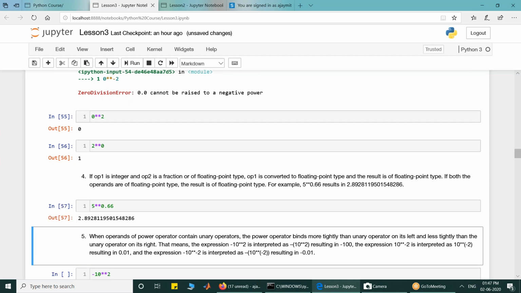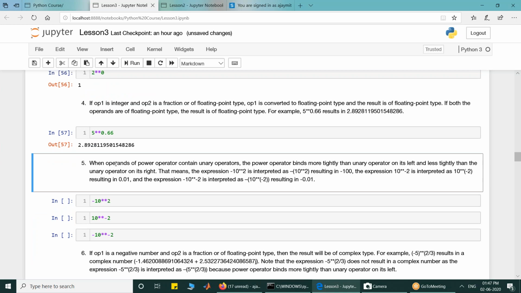Very important concept about the binding of the power operator. When operands of power operator contain unary operator, the power operator binds more tightly than unary operator on its left. It binds more tightly than unary operator on its left and less tightly than unary operator on its right.